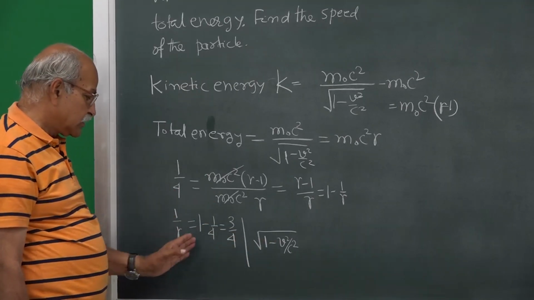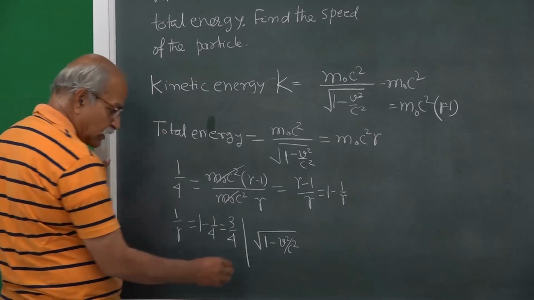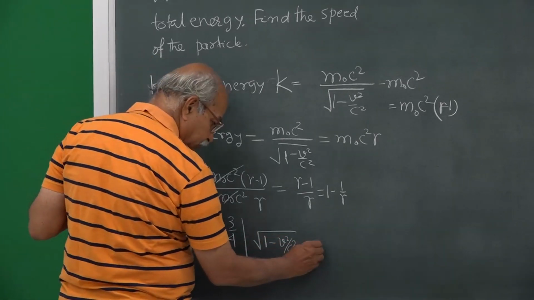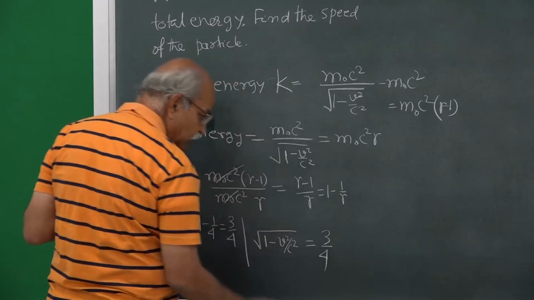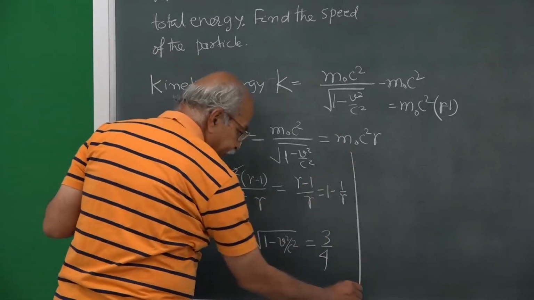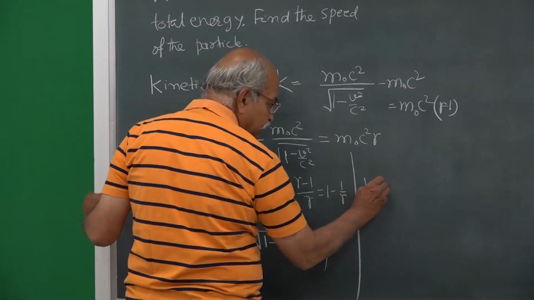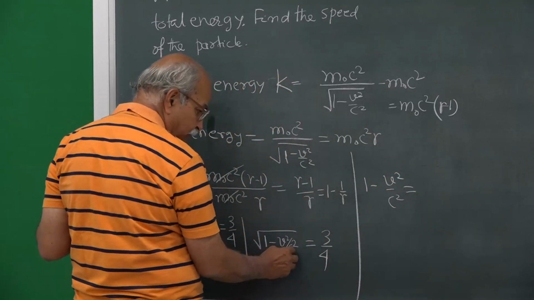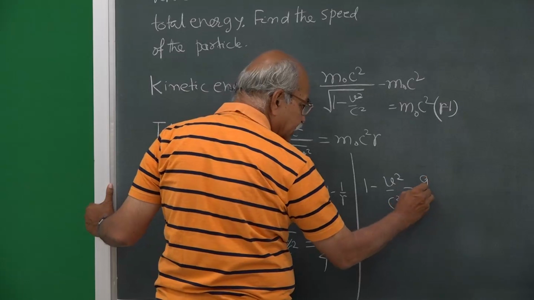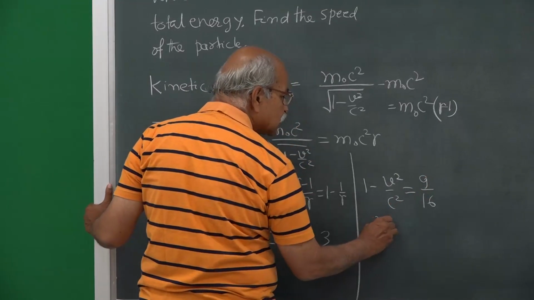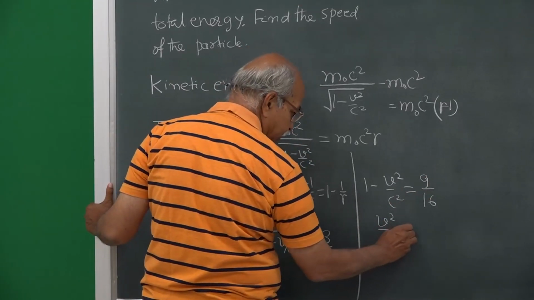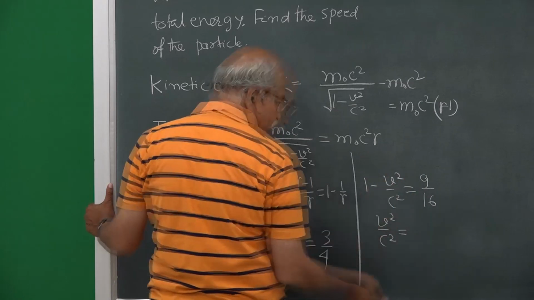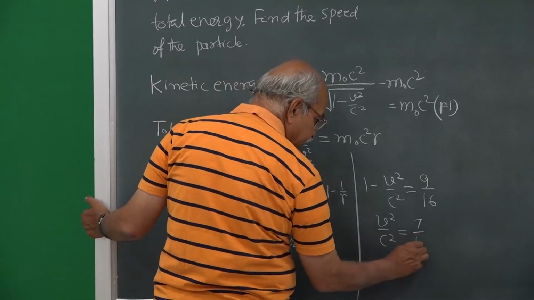So, this is equal to 3/4. So, 1 minus v square by c square is equal to 9 by 16. So, v square by c square is 1 minus 9 by 16, that is 7 by 16.